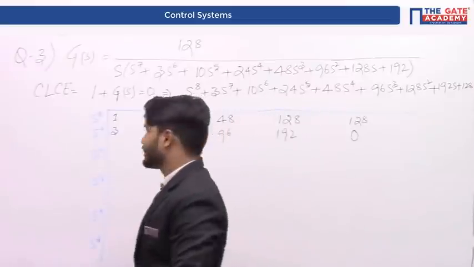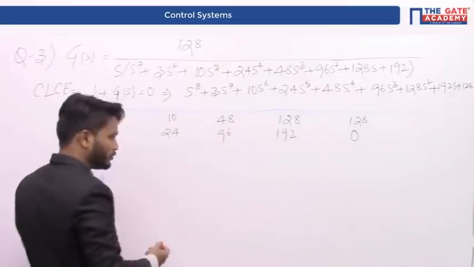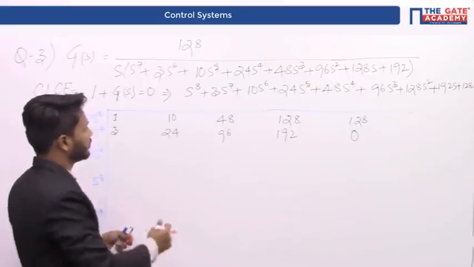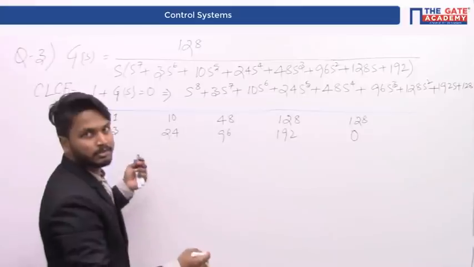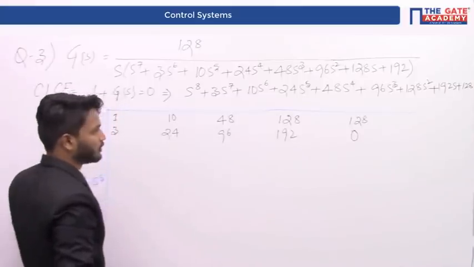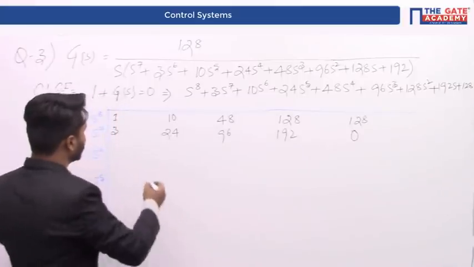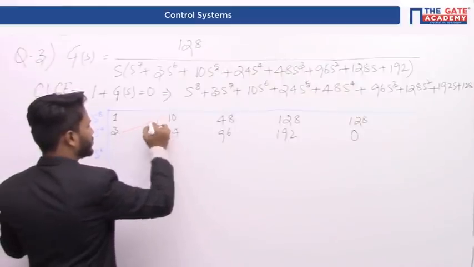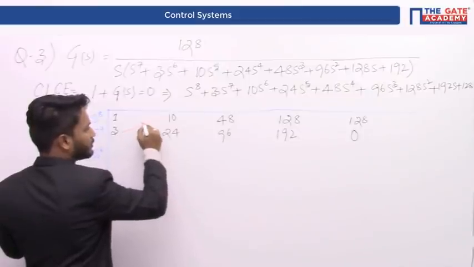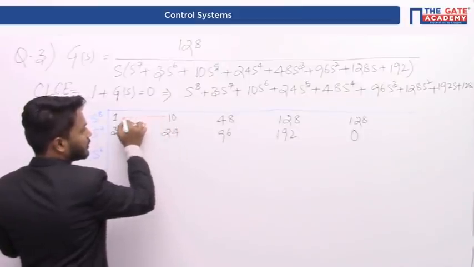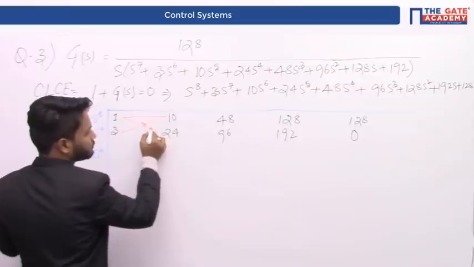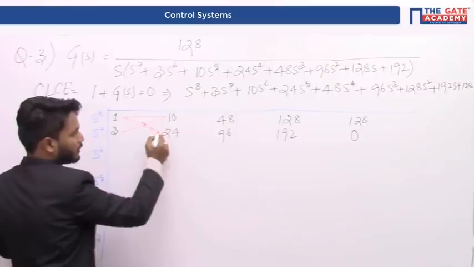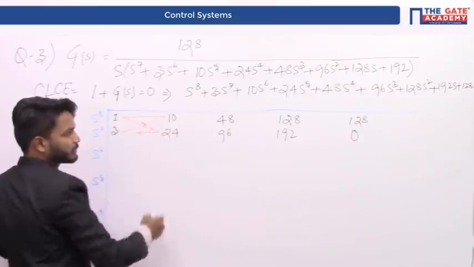Therefore, how will you calculate the next element? If you already know how to calculate the next element, you just ignore it. But I'm just discussing the procedure how to calculate the elements of the next row. So just remember this pattern: 3 multiplied by 10 minus 1 multiplied by 24 divided by 3.